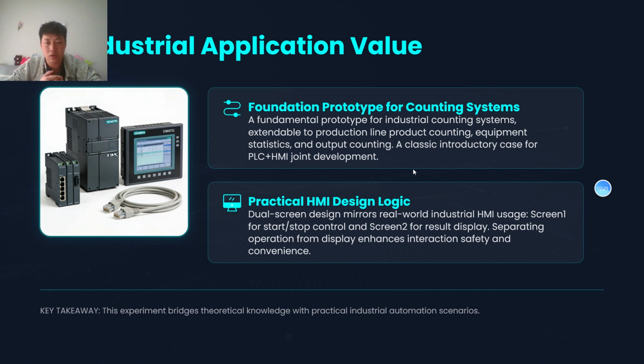A classical introduction case for PLC plus HMI joint development, and practical HMI design logic. The screen design mirrors real-world industrial HMI usage. Screen 1 for start-stop control, and screen 2 for results display.